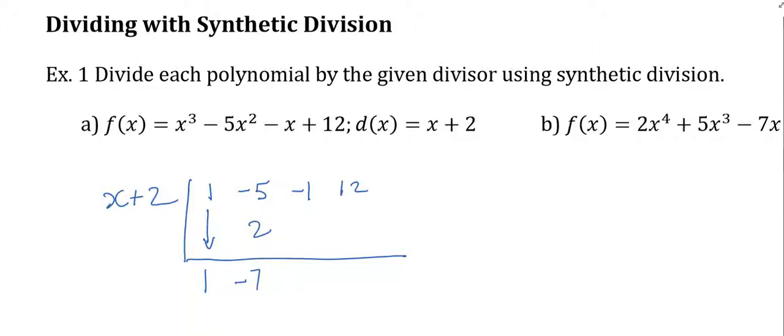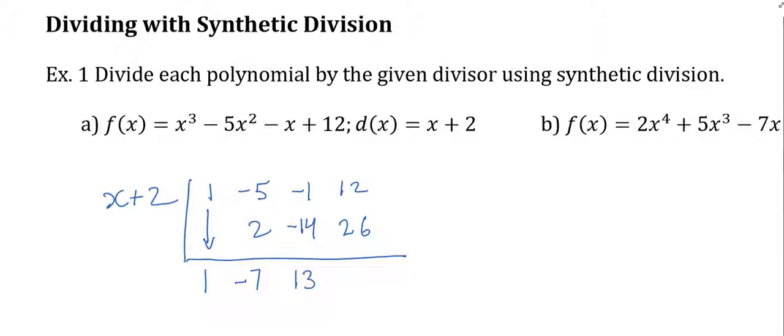Then I repeat till we have no more numbers left. So now it's -7 times 2, and I put my answer in the next empty spot. So that's -14. -1 minus -14 is -1 plus 14, which is 13. Repeat, 13 times 2 is 26.